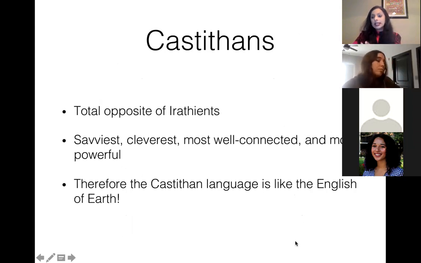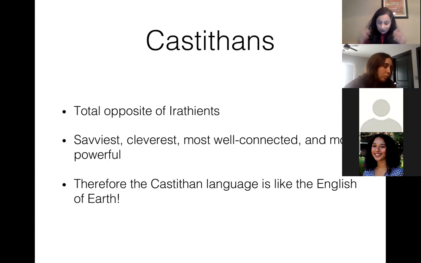The Castithan alien race, on the other hand, was very different, right? They were savvy, they were clever, they were powerful. They wanted to go out there and colonize all these different planets and other races on these planets. So I have this analogy that the Castithan language is like the English of the earth, because the English language was one of the earliest colonizing languages.